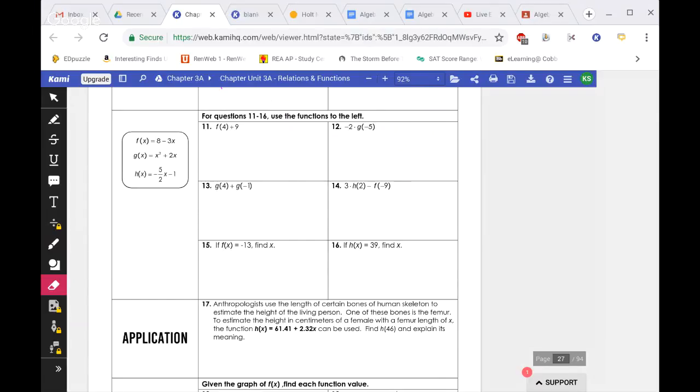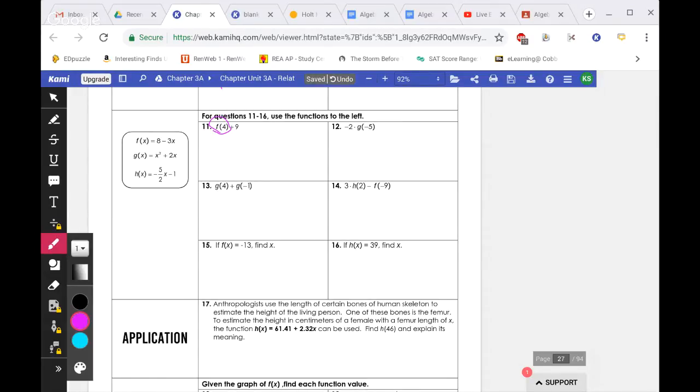For number 11, it's asking for the function f of x, which is the actual function 8 minus 3x. What is the value of that function if 4 were to be plugged in? This is asking for a value.